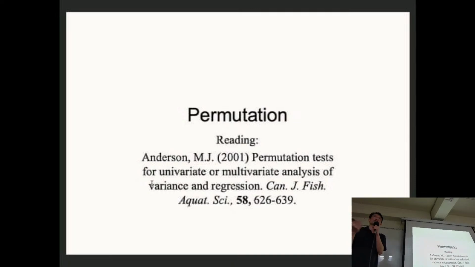A lot of the computation procedure is kind of similar, but we are doing statistically very different things. Please read this paper, computational test for univariate or multivariate analysis of variance and regression, because I am not able to explain all the details of this paper.